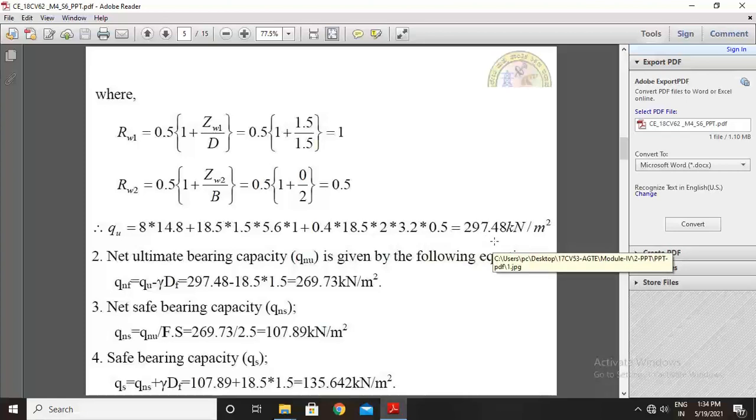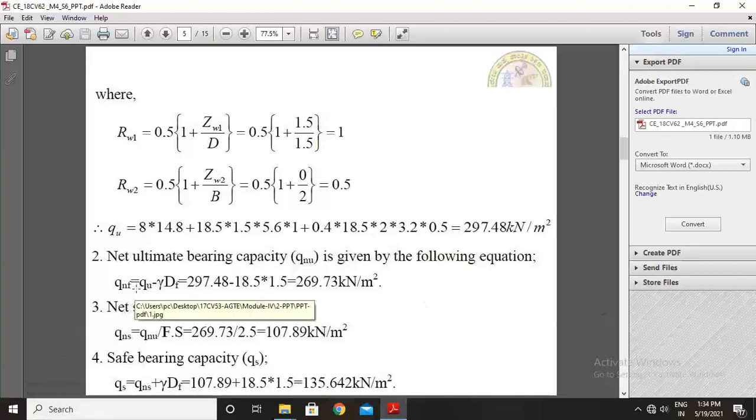Next step, the net ultimate bearing capacity is given by the equation QNU equal to QU minus gamma into DF, that is the ultimate bearing capacity minus the overburden pressure. So substitute the values: QU is 297.48 minus gamma is 18.5 into DF is 1.5. The answer is 269.73 kilonewton per meter square.